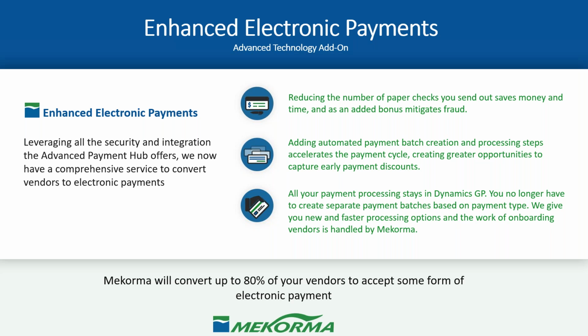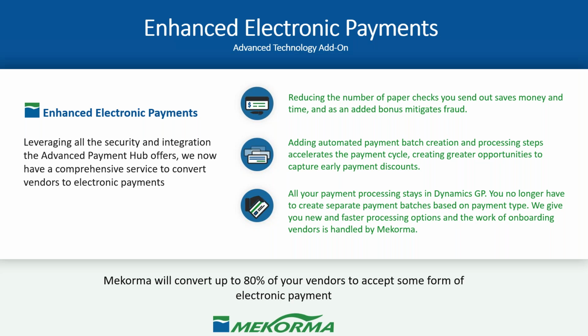So I'm not sure if you guys are familiar or aware of how much it costs your company to send out paper checks. Just in terms of general estimates, that can range anywhere from $3 to $8 per check. And think if you're processing, let's say, a hundred or even more checks per week, if you add that up, that's really a significant amount over the course of years.